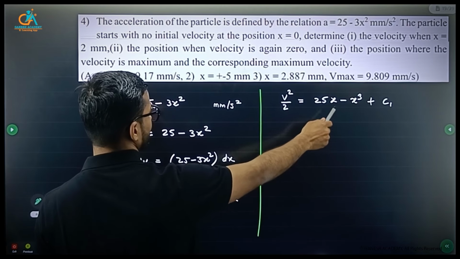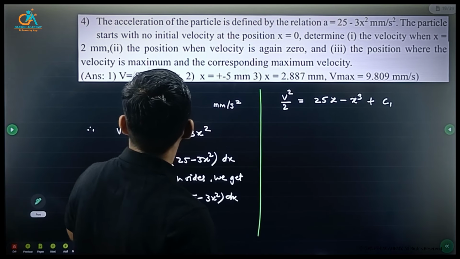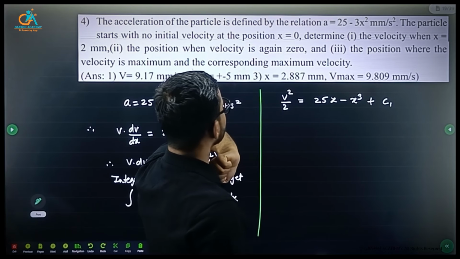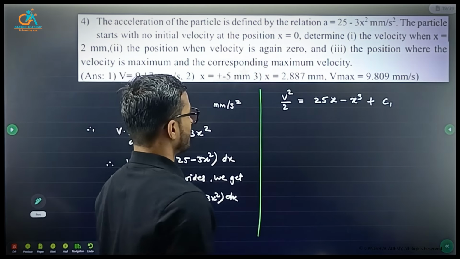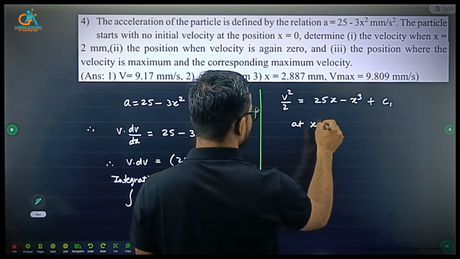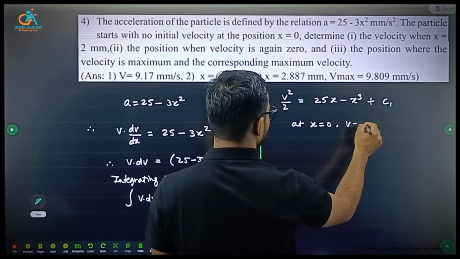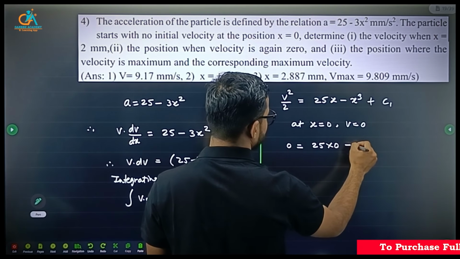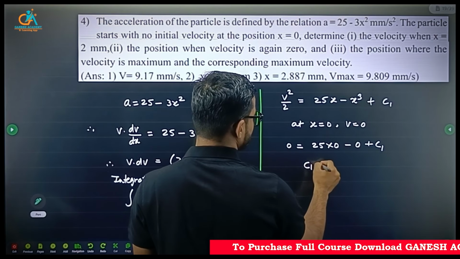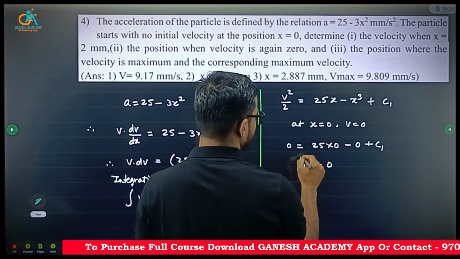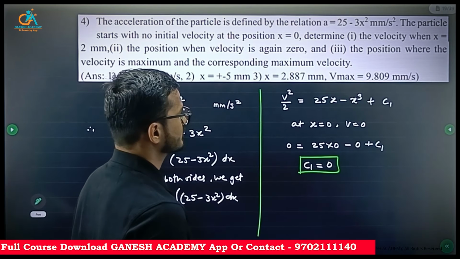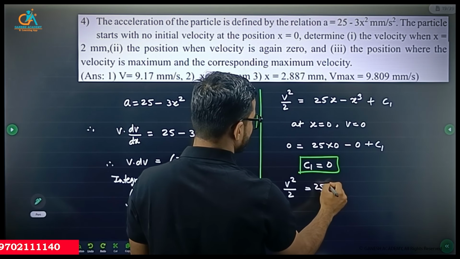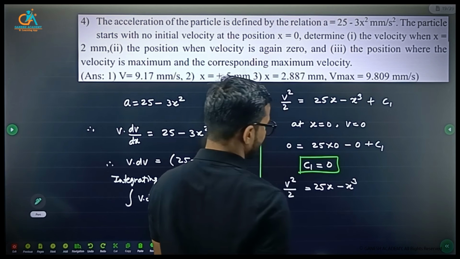For finding the value of c1, use this condition: the particle starts with no velocity at position x equal to 0. So x is equal to 0, v was also 0. So 0 equal to 25 into 0 minus 0. That means c1 is 0. So rewriting the above equation, v square by 2 is equal to 25x minus x cube.